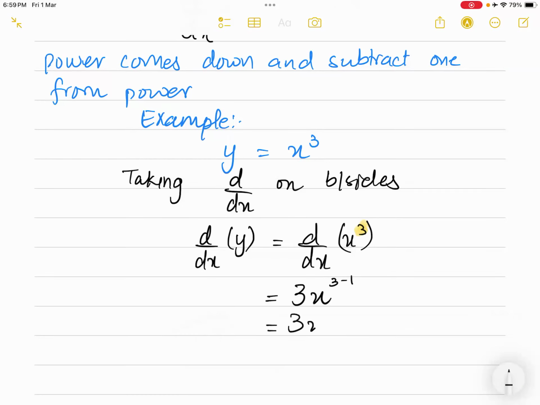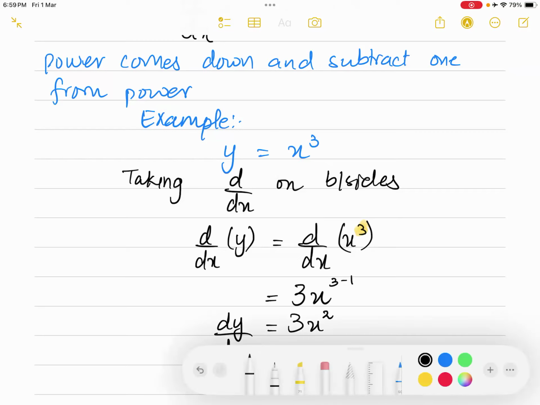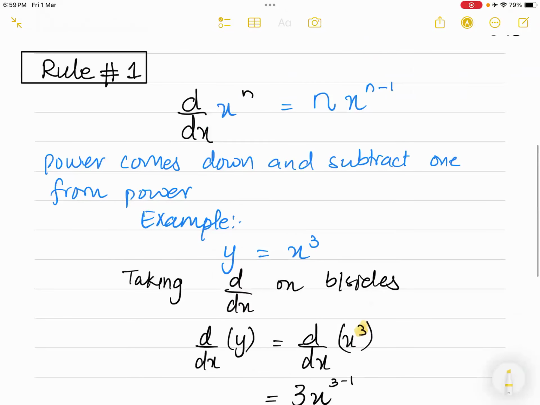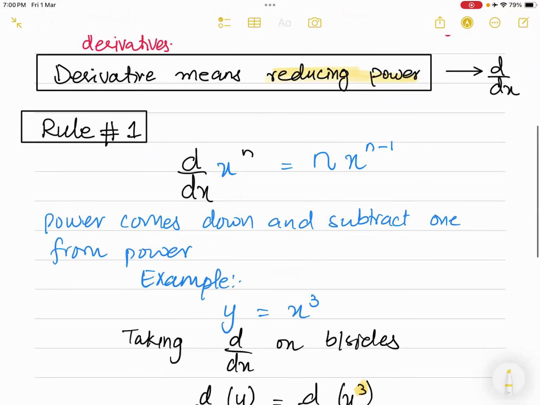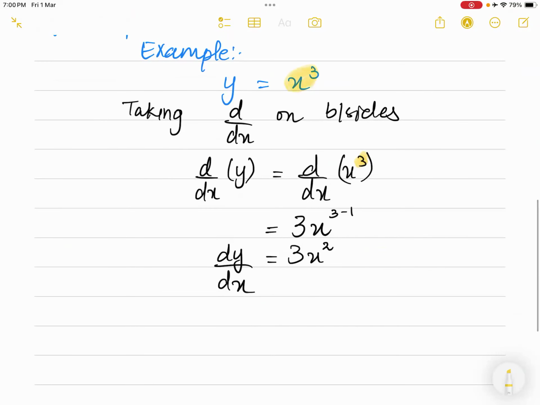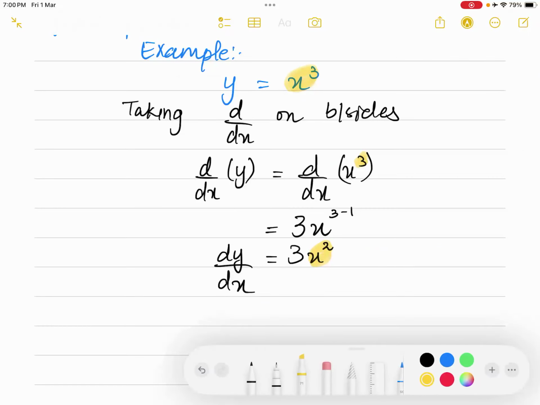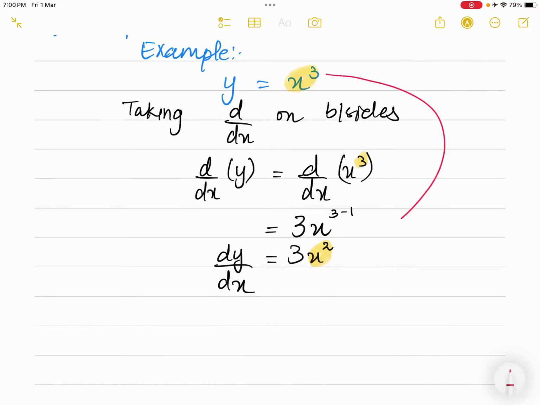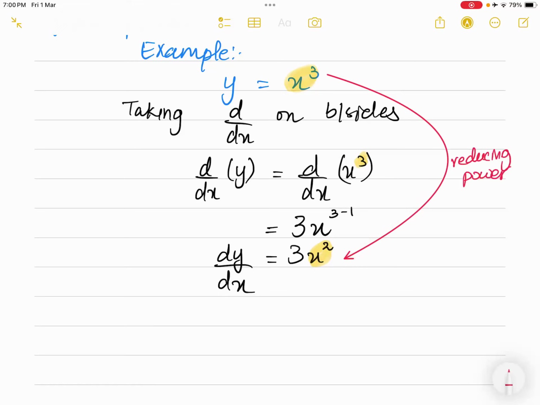So the derivative of x cube would be 3x square. And as I said earlier, derivative means reducing power. You can see that I started with x cube, after derivative it is x square. Can you see that, everybody? Yes or no? So reducing power. Got it?